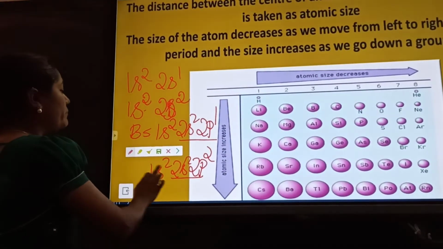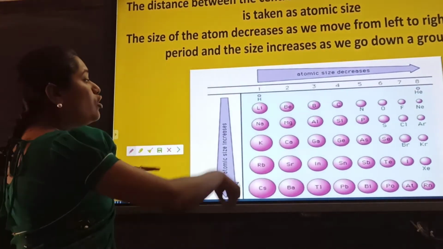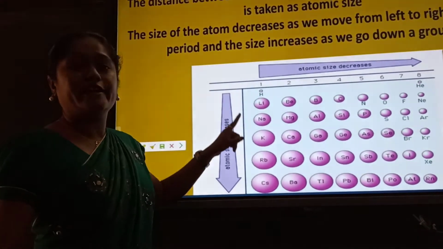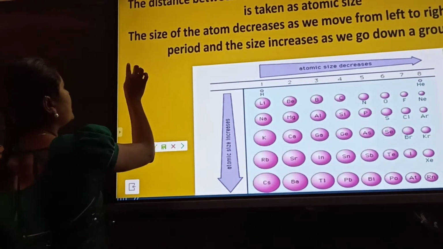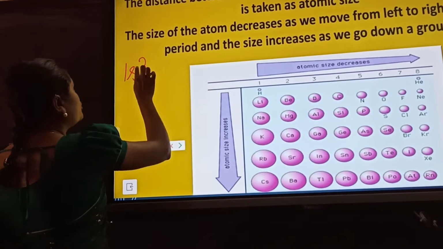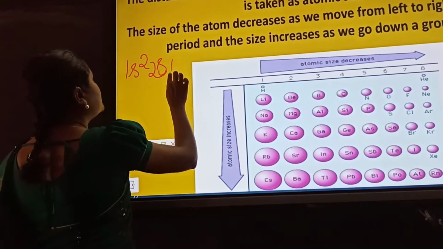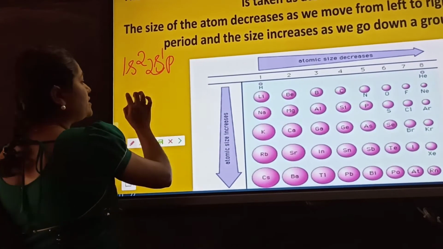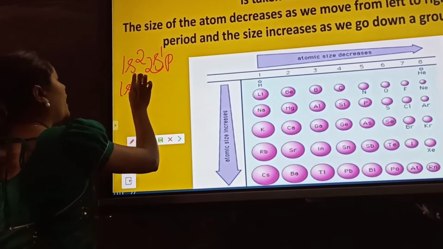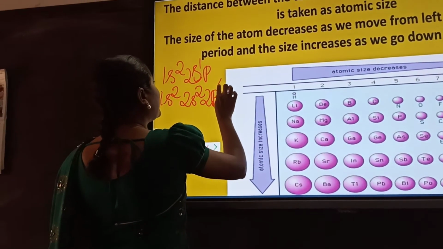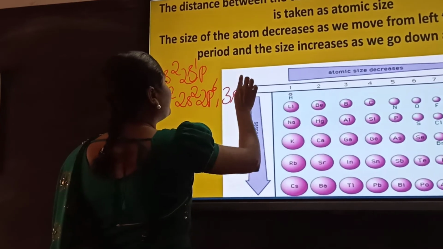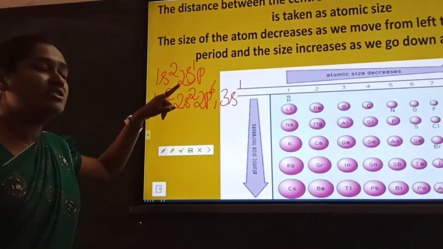But when you go down a group, what happens? The atomic size increases. If you take lithium, 1s2 and 2s1, then sodium, 1s2, 2s2, 2p6, 3s1. Students, observe the last one and this one.